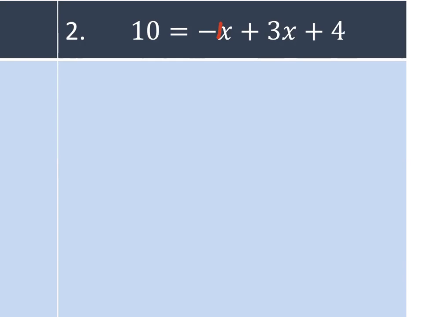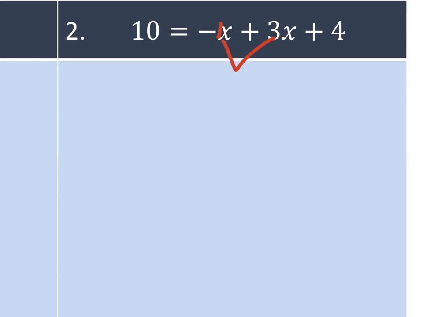It's a phantom 1, so whether you want to show it or not is up to you. But at this point, we're looking for any distribution, and there's none. But there is combining like terms, which is what we talked about in the second lesson of this unit. So right here, I got x terms that I can combine.